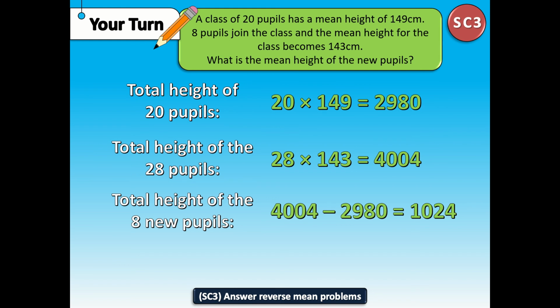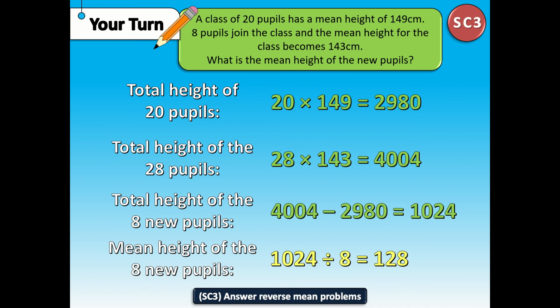So the total height of the new 8 pupils is 1024. So to find their mean height, we need to divide that by how many pupils there are, 8. So the mean height of the 8 pupils is 128.